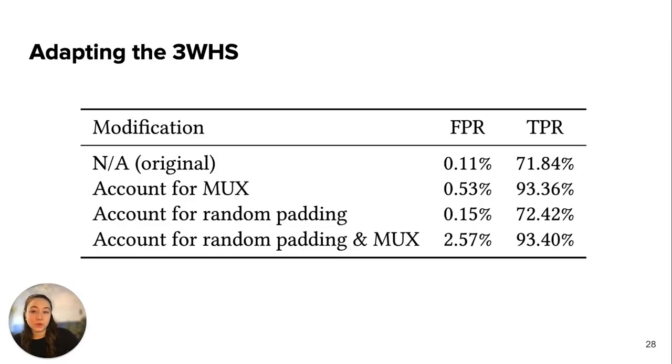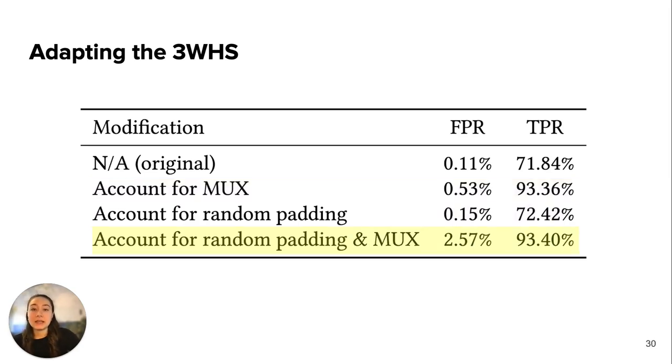Because of this result, we investigated a few different modifications of our encapsulated handshake heuristic to understand how much we can adapt this heuristic to account for common VPN defense tactics like multiplexing or random padding without greatly increasing the false positive rate. We found that modifying the heuristic to account for multiplexing or random padding by themselves doesn't significantly increase the false positive rate, while increasing the true positive rate pretty significantly, especially for multiplexing.